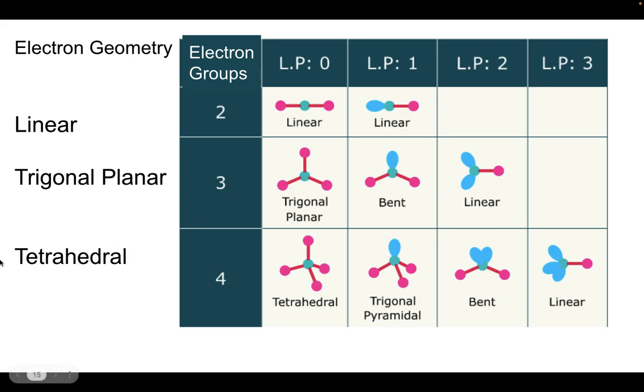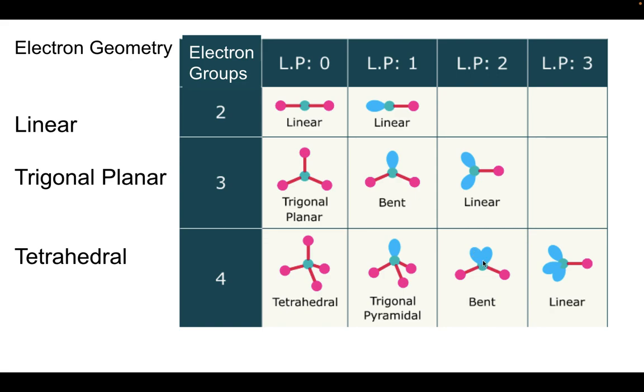If you have four things around your central atom, your electron geometry is going to be tetrahedral. So it's four things, and if all four things are atoms, then it's going to be a tetrahedral molecular shape as well. If you have one lone pair and the rest are atoms, it's going to be trigonal pyramidal. Okay, here we go, like a pyramid.